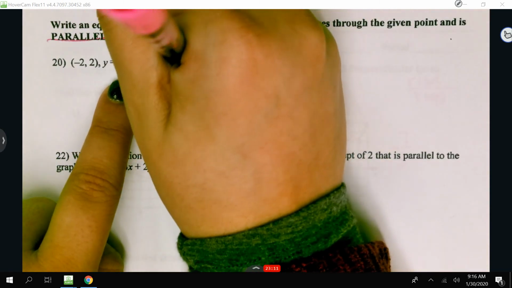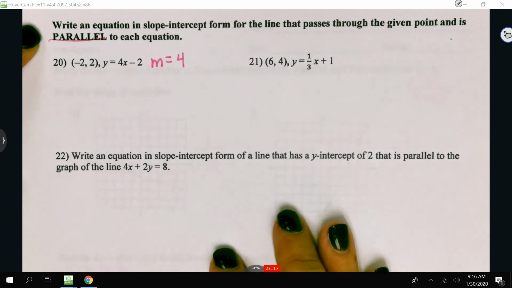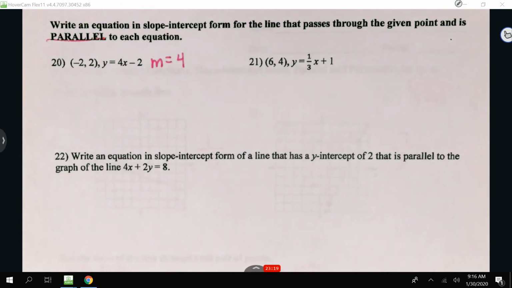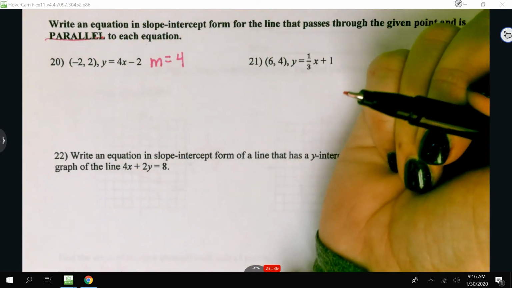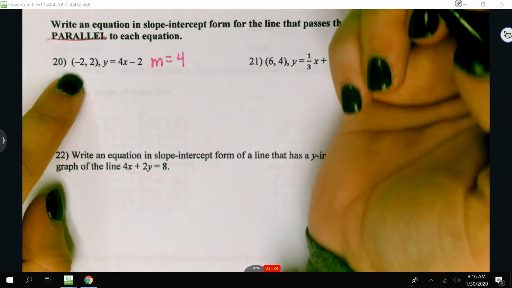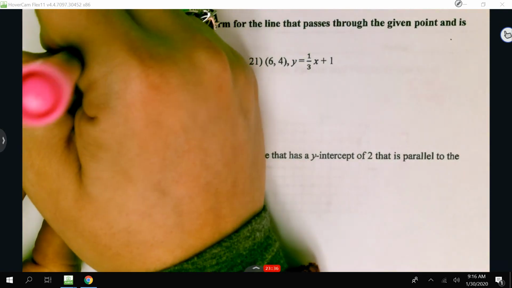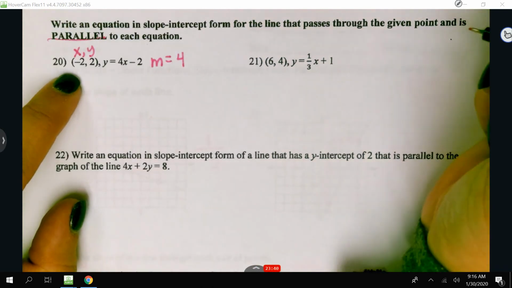4. If I'm finding a line parallel to that, do I need to find a new slope? No, parallel has the same slopes, right? So I'm using that same exact m equals 4 to find a new b. Okay. So now that I know the m, do I need this equation at all? No, you can forget about that equation. What do you know about negative 2 and positive 2? That's your x and y coordinate, right?